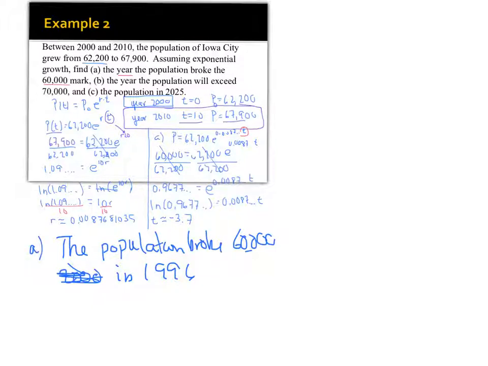The year the population will be 70,000. The setup's the same, so I'm not going to go through all of it. I'm going to let you guys do it, because it's exactly the same. It is 70,000. And we set it equal to 62,200 e to the rt, where r is this weird number.